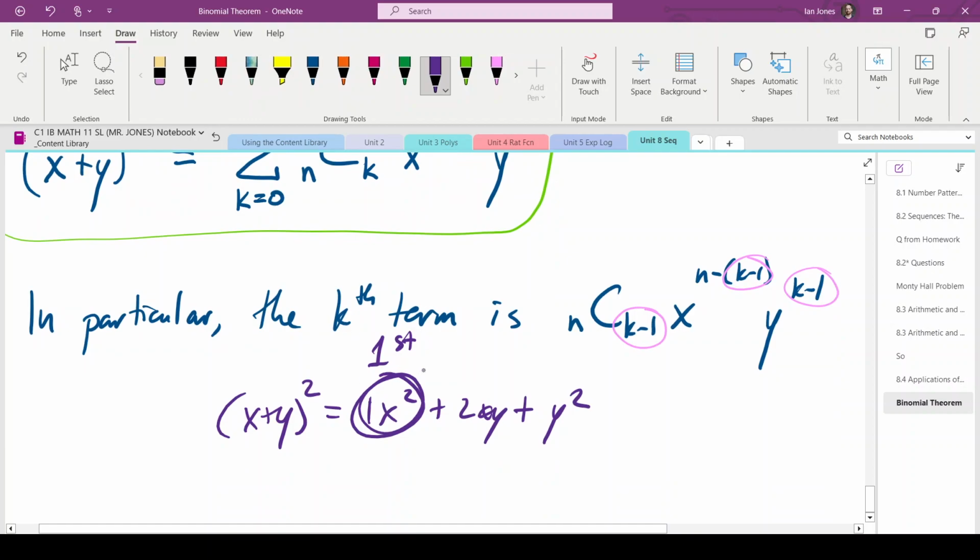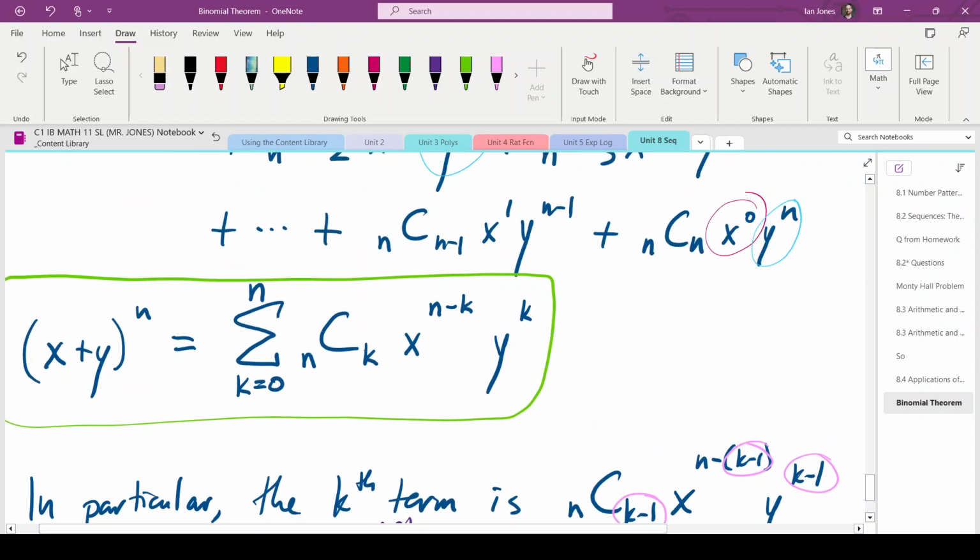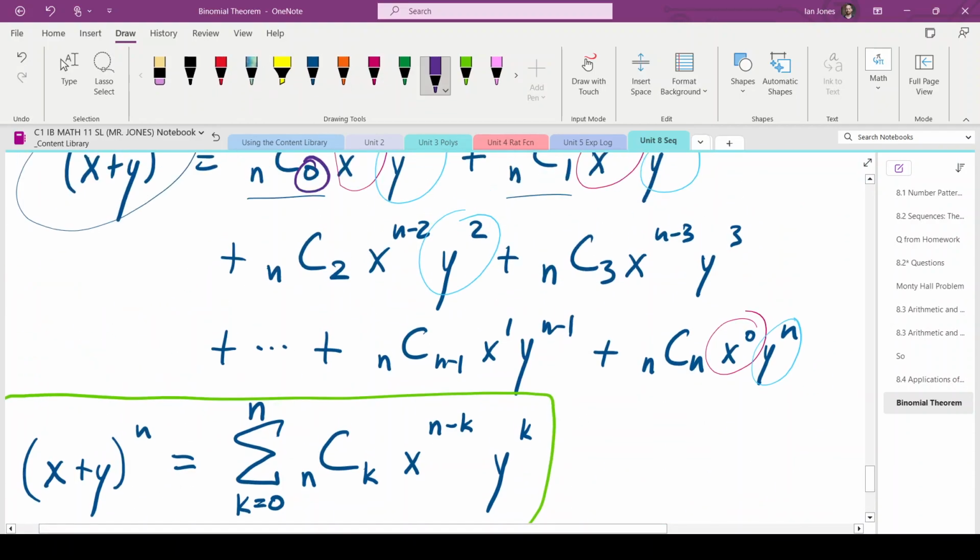So to compensate for that, so that we can truly call this the first term, this the second term, and this the third term, I am shifting in this formula the k to a k minus 1. In other words, when I'm on the first term, I have 1 minus 1, I'm going to get a 0, just like I would expect here.